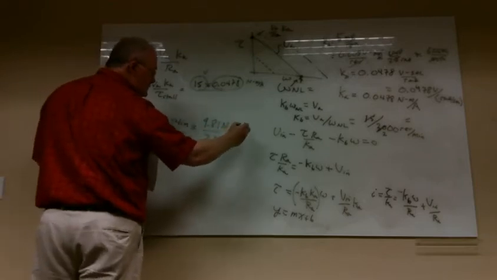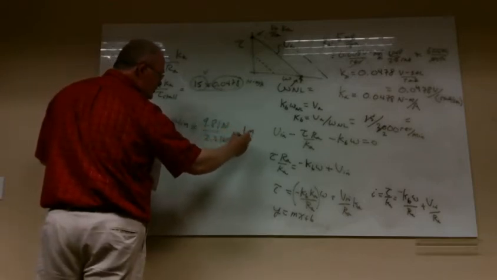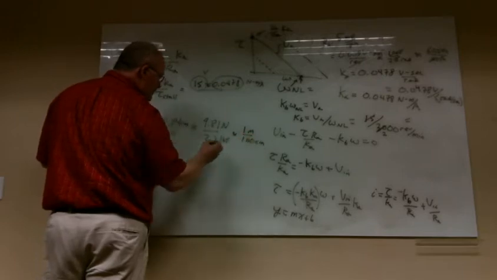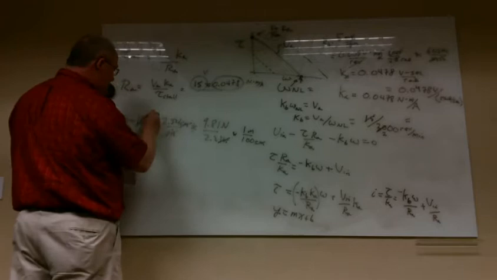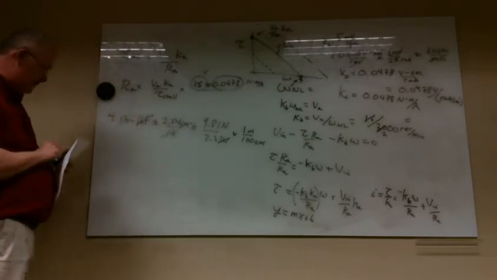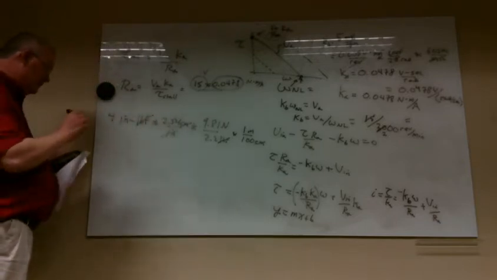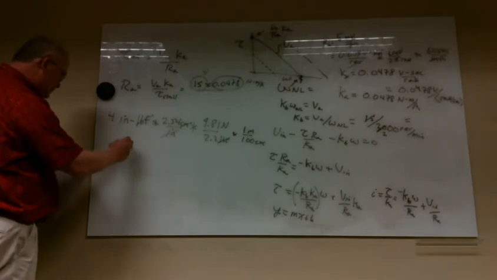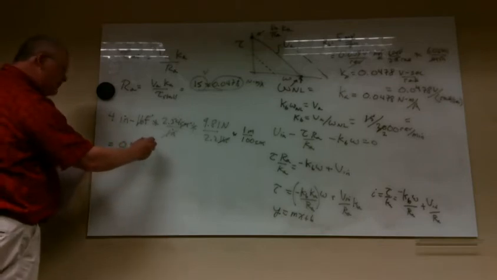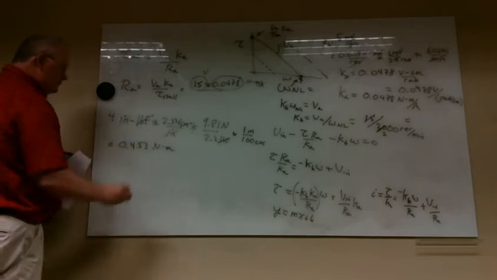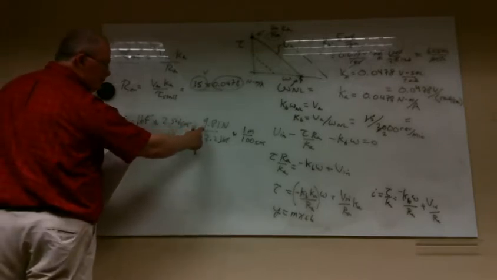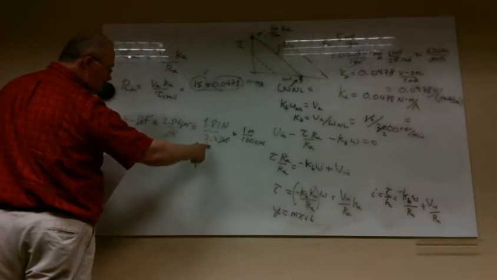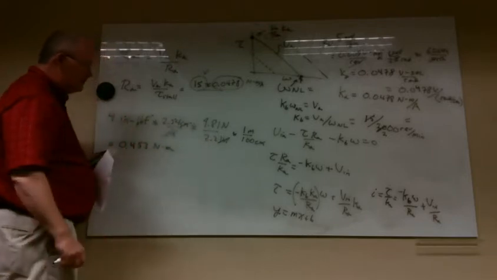Let's see, times 1 meter per 100 centimeters. Now I can cancel out the centimeters there, I cancel out my pounds force, and I'll have newton meters. So 0.453 newton meters. 4 times 2.5 is roughly 10, times 9.81 is roughly 100, divided by 100, 1 over 2.2. Yeah, that works about right. I can live with that.